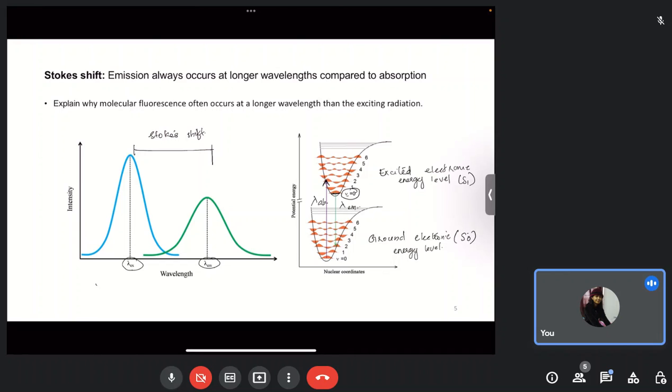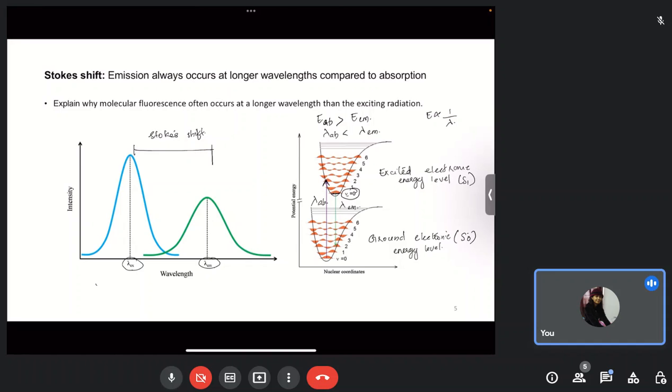So E absorption is always greater than E emission. We know that E is inversely proportional to lambda. So lambda absorption is lower than lambda emission.